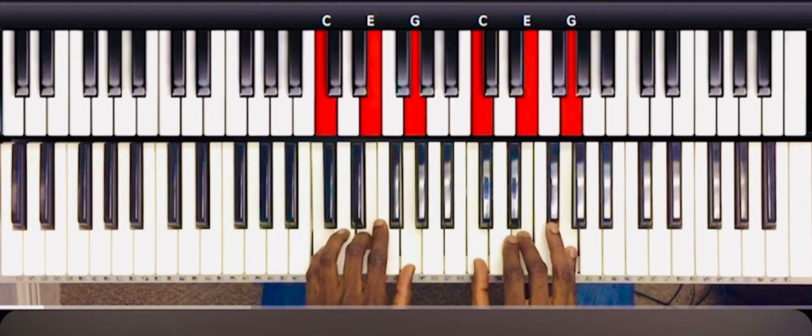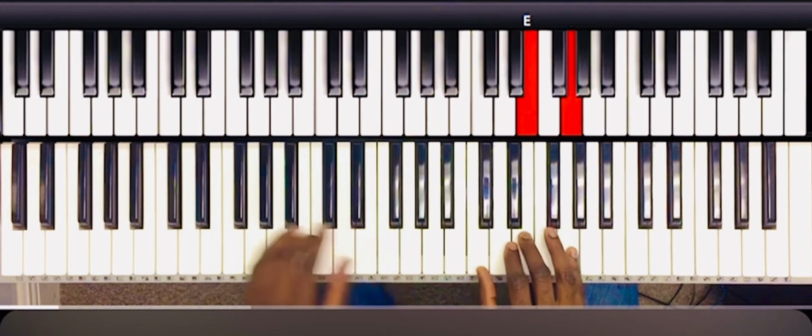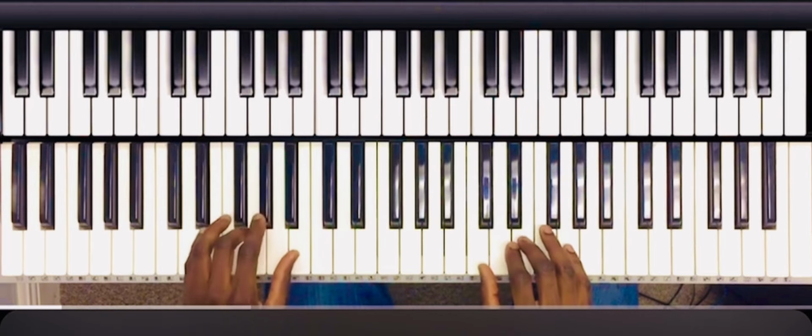I remember when there was a piece of classical music, I think it's Bourrée. It's a French word, B-O-U-R-E-E. Let me just do the introduction.